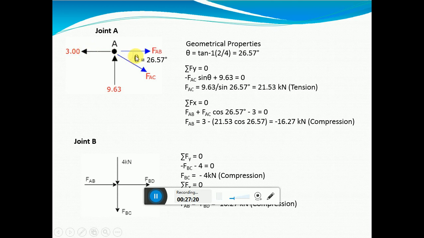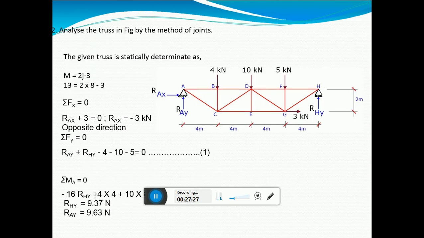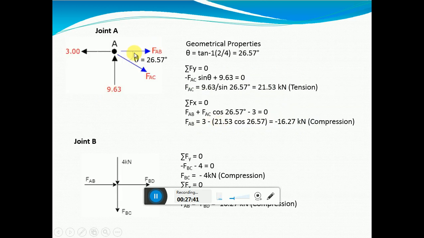Then FAB, FAC. The force in the members FAB and FAC make an angle. Find out this angle. This is 2 and this is 4. Accordingly, apply tan theta and find out this angle. 26.57 degrees is the angle.